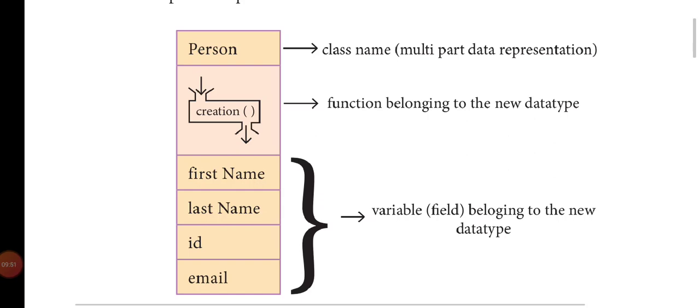You are creating the person with multiple data types. Here are the first name, last name, ID, and email ID. These are nothing but the members which come under your person. All these give the abstract data type here.